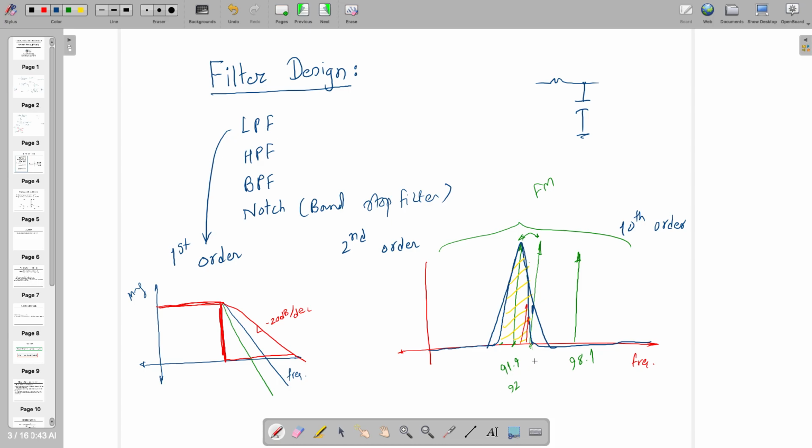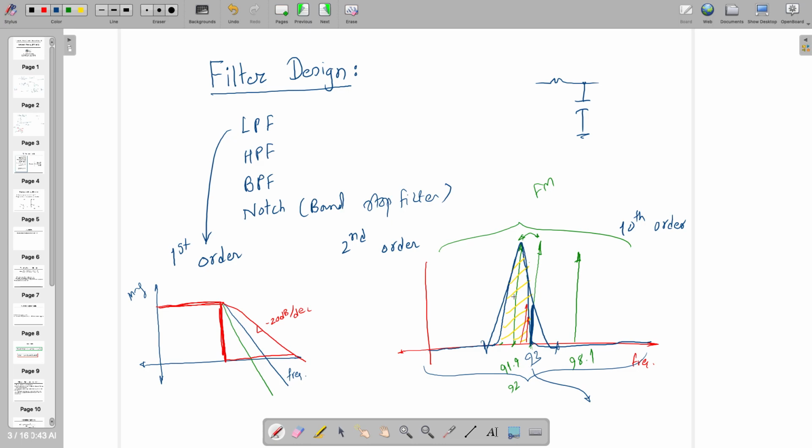It's not zero. When you are listening, your speaker will try to reproduce everything. It's not just designed for 91.9, right? So you are hearing from here to here, whatever is there. So maybe with low amplitude, something called 93 FM is also audible to you, right?